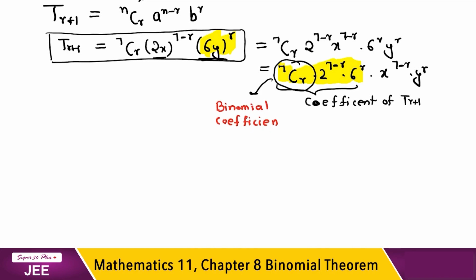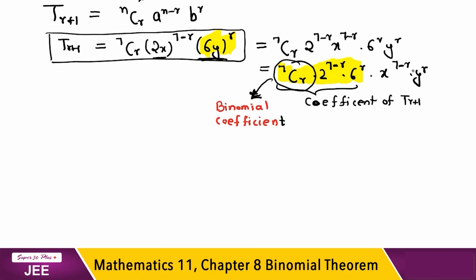Please understand these terminologies, because if a question asks you about coefficient and binomial coefficient, then you must be able to differentiate between what is coefficient and what is binomial coefficient. nCr stands for binomial coefficient, and along with nCr, if there are some other constants, then all of them together will be termed as coefficient, right?